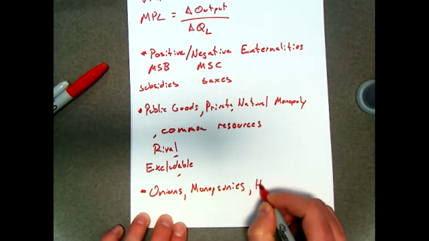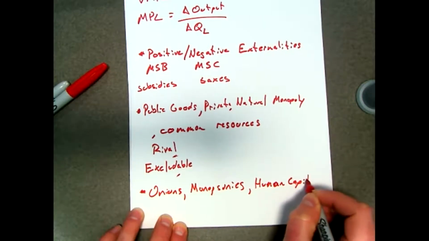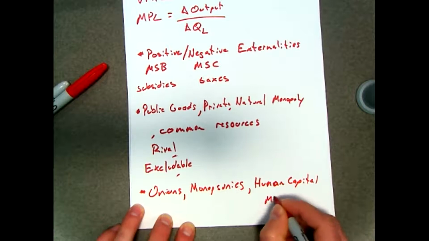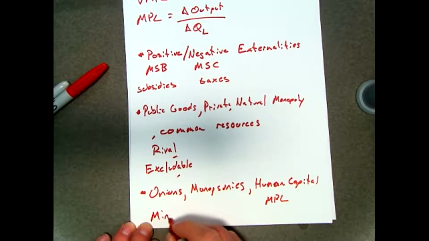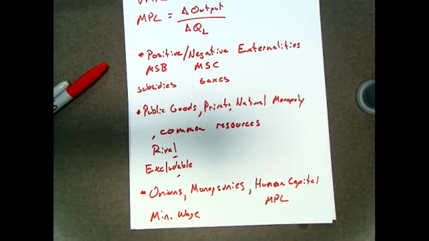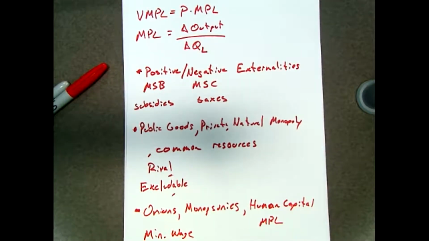And then I would also look back at our discussion on human capital, which is really just causing marginal productive labor differences among groups. Know how to identify equilibrium wages. I would also go back to when we first introduced this idea, review the minimum wage and how that works. We'll work through some of these examples today, but I want to give just a general roadmap of things that I would make sure that you are feeling comfortable with.